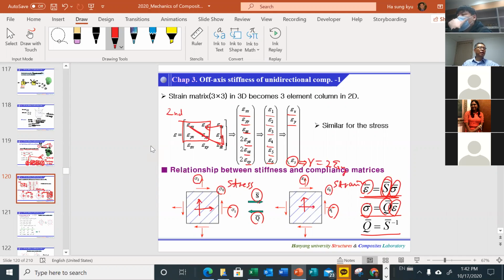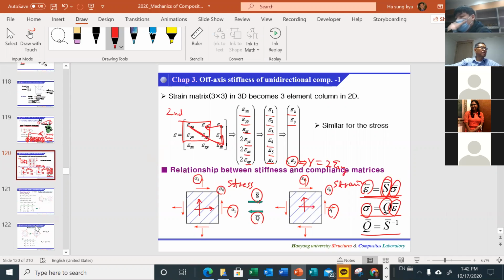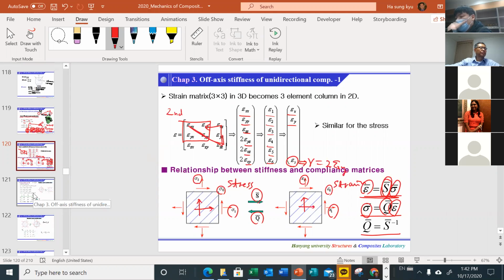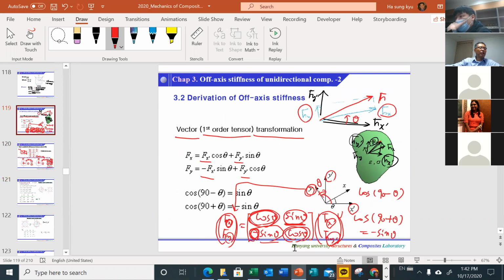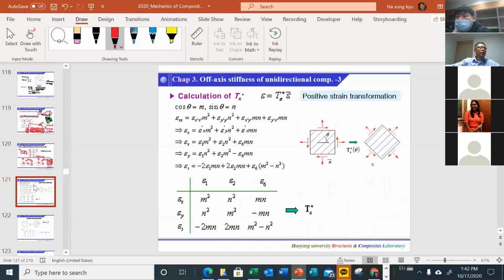This is nothing new, we just redefine the stiffness and compliance in the ob axis. Now, as we did here, we have this transformation matrix.